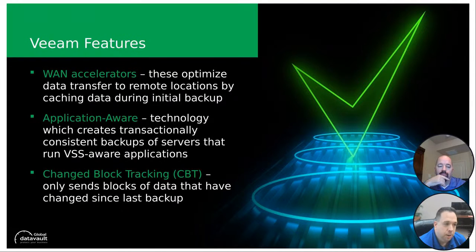What that means to a non-technical person is if you're running SQL, Exchange, anything that processes VSS, we can create an application consistent, or a quiesced, version of the database. And a quiesced version of the database is very important for these VSS aware applications because sometimes we'll see that if they're not quiesced, they'll come up in an invalid state or an unstable state.